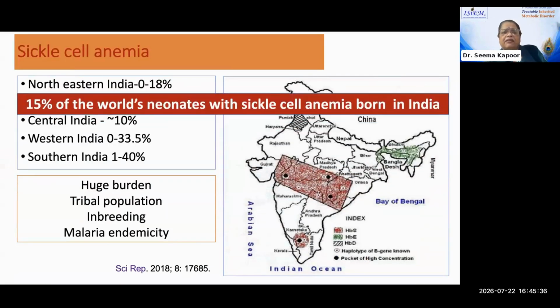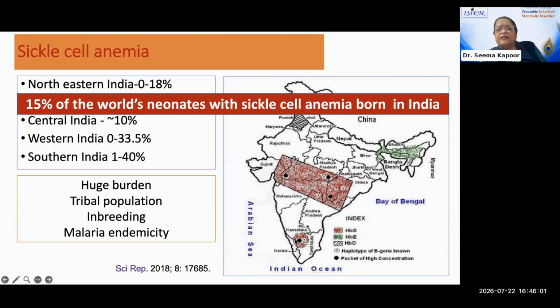Coming to sickle cell anemia, 15% of the world's neonates with sickle cell anemia are born in our country. And I've shown you in red the areas which are dense. So you have Gujarat, Madhya Pradesh, Odisha, Andhra Pradesh, Maharashtra, an entire belt, and of course Karnataka.